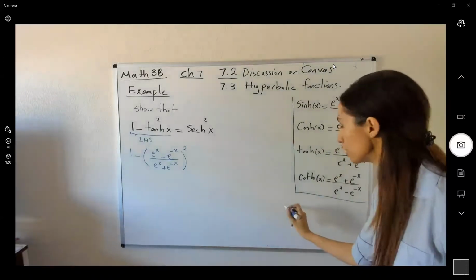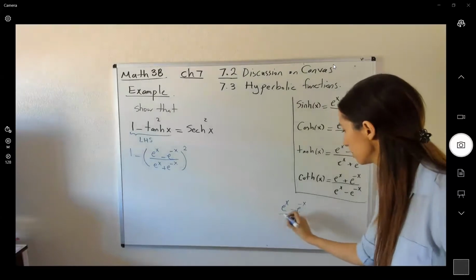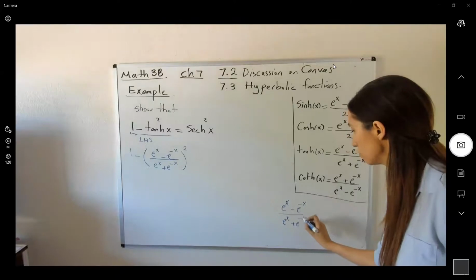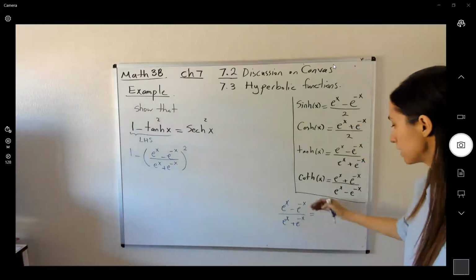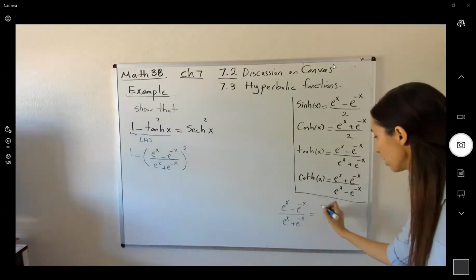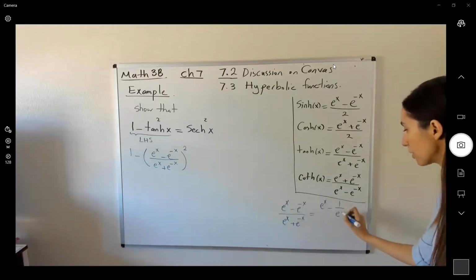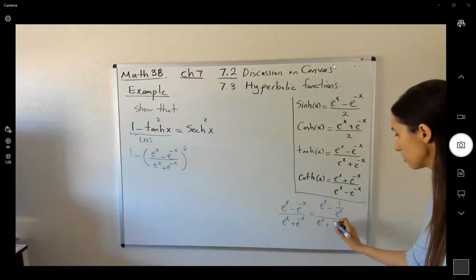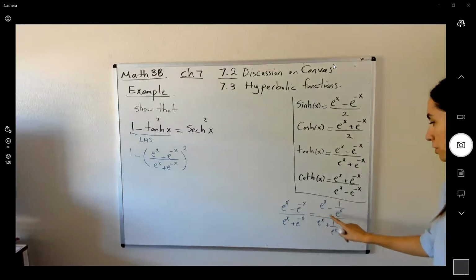I have e to the x minus e to minus x divided by e to the x plus e to minus x. So I have e to minus x. I can factor out, or I can write it this way. e to the x minus 1 over e to the x divided by e to the x plus 1 over e to the x. Take the common denominator between these two.